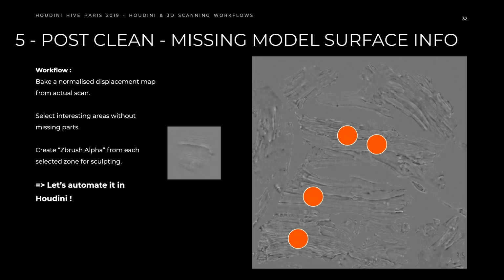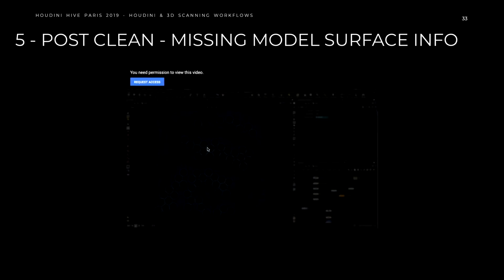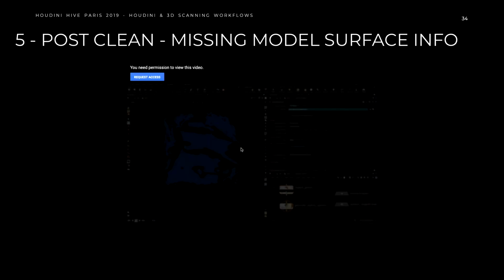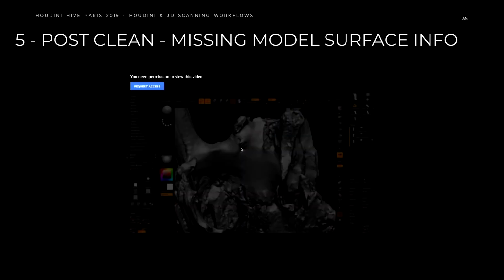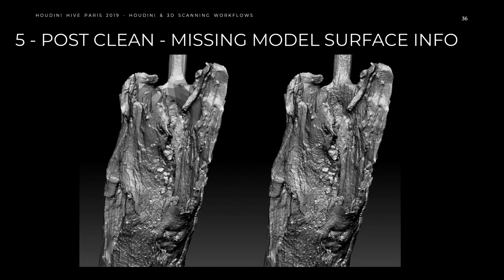Then I use a TOP network that runs, for each point, a Python task using OpenCV that automatically generates this alpha. Sadly, I don't have access to the video, but I will try to show you maybe later. And at the end of the process, you can just use the alpha to clean the model inside of ZBrush and reconstruct the missing part.